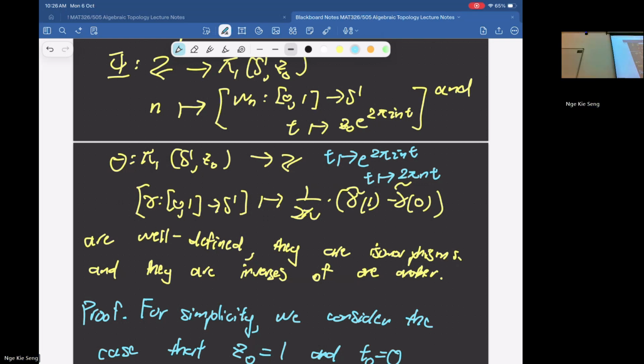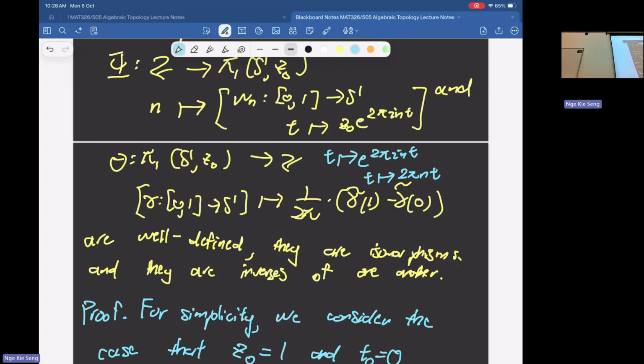At time equals 1, what is it? 2 pi n. At time equals t, starting point is always 0, so it's 2 pi n t here. That's why we divide by 2 pi, which is a constant. Another nice thing about this is that gamma gives a homotopy class.